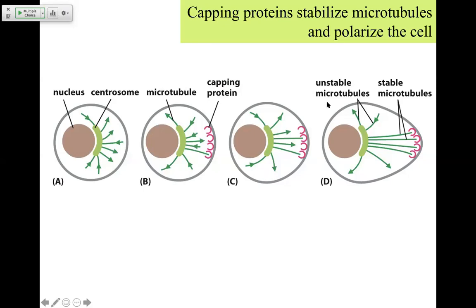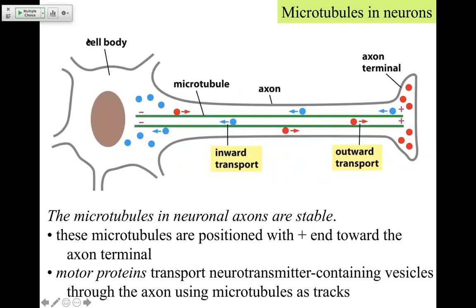But one highly polarized cell is a cell that we have already been spending some time looking at. A neuron is an example of a highly polarized cell, where one end of the cell is receiving information and the other end of the cell, the axon terminal, that can be very far away if that axon is very long, will be communicating with another cell.